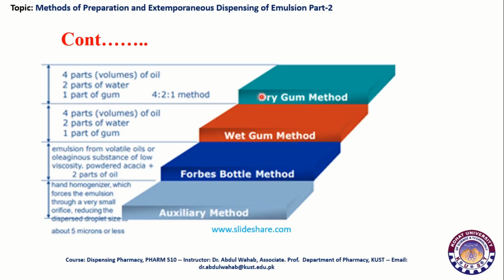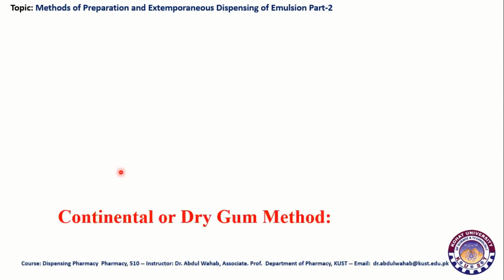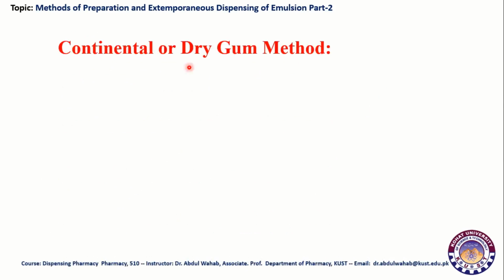In the dry gum method, the ratio of oil, water and gum should be 4 parts of oil, 2 parts of water and 1 part of gum. Similarly, in the case of the wet gum method, the same ratio can be used: 4 parts of oil, 2 parts of water and 1 part of gum.